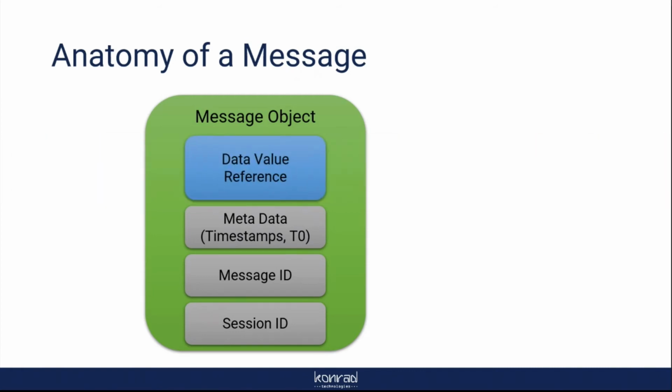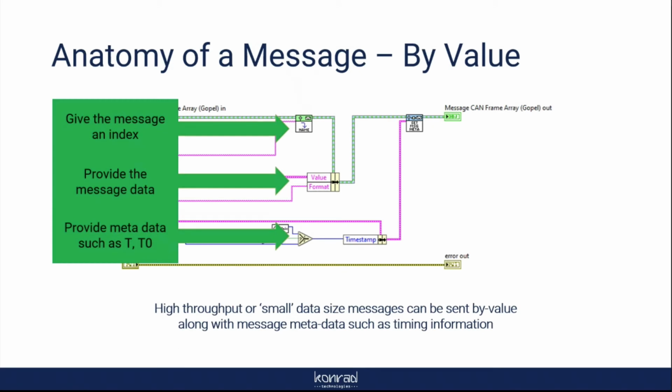In that example, we've got the data contained within the message. We also support a by-reference implementation where the message object contains a DVR, a reference to the data itself. In addition, the message ID is replaced by a message GUID, a unique identifier that allows us to track the DVR within the system. Let's take a look at those in a little more detail.